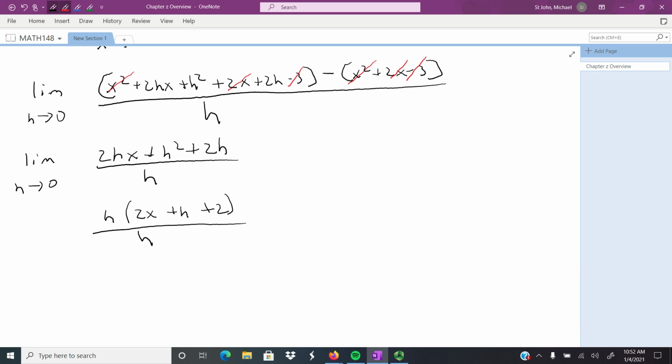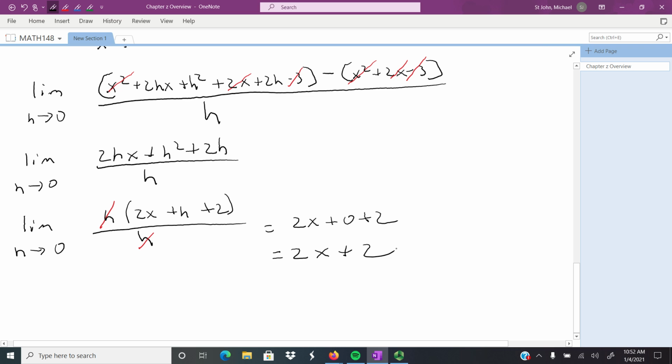And so now the h's go away. And now we want the limit of that as h goes to 0. And so this would give us 2x plus 0 plus 2, which of course would just be 2x plus 2.